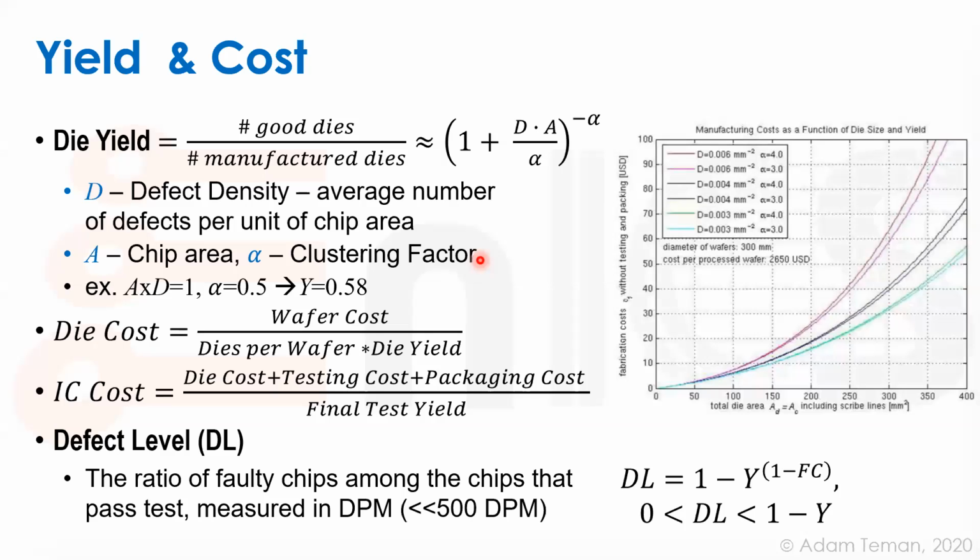As a rule of thumb, you should never have any product with a defect level above 500 DPM. There's also a model for that: the defect level is 1 minus the yield times 1 minus the number of faulty chips.